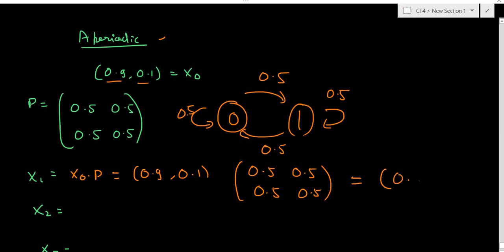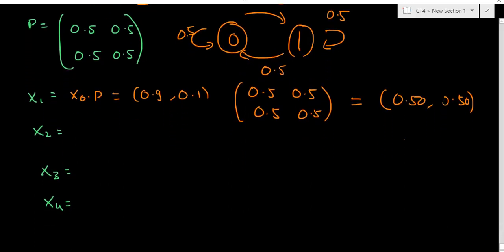So these two add up to 0.50. And for the other one, 0.9 into 0.5 is again 0.45 plus 0.1 into 0.5 is 0.05, so they add up to 0.5. So x1 is 0.5, 0.5 in this step.